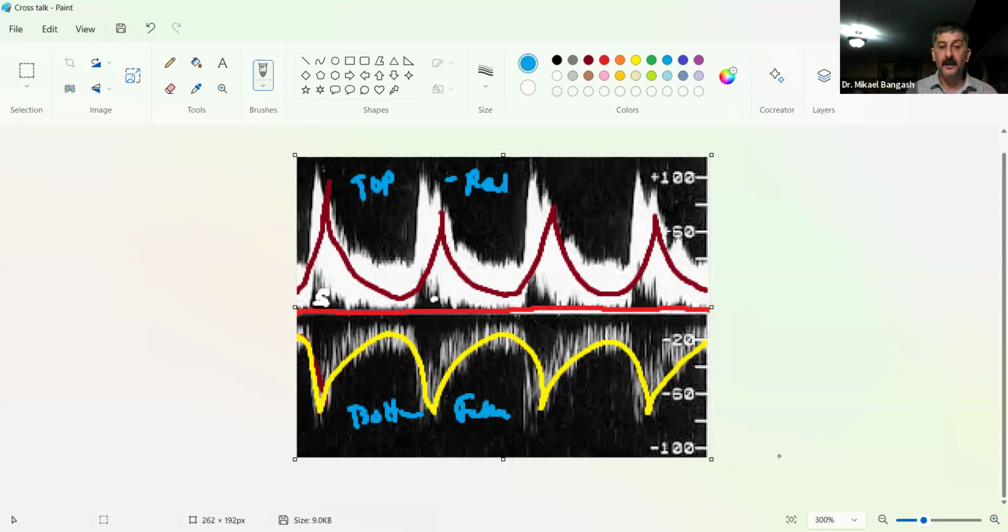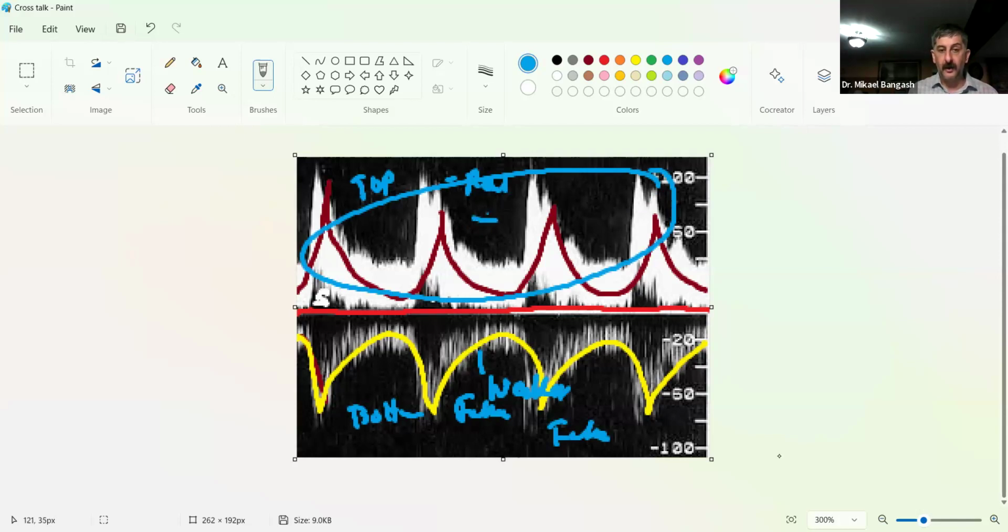Now, what I said was, when you see something like this, it's going to be the one which is weaker, or a darker signal. That will be fake. So in this example here, this is the real one.